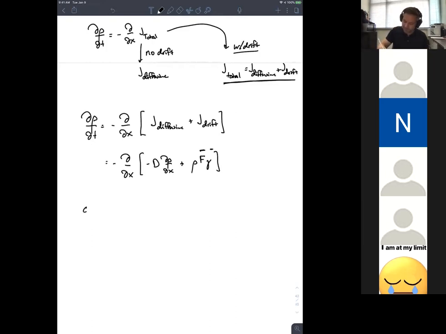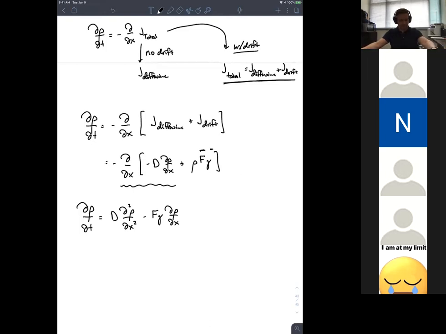All right, so what I get is this. d rho dt is equal to D d squared rho dx squared. So that's exactly what we got previously from this term for diffusion. And now, with our applied external force, what we get is minus F gamma d rho dx.